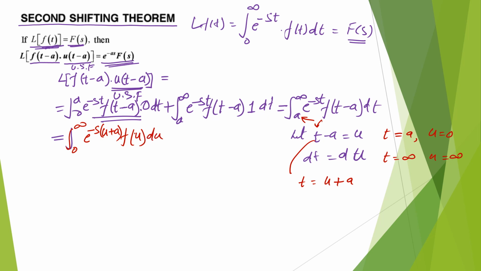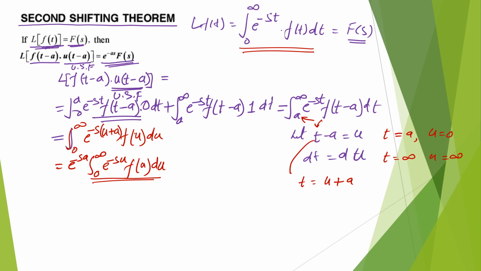Now because this is an integration with respect to u, we can take e to the power minus sa outside of the integration. So the integration limit 0 to infinity e to the power minus su, f of u du. So this is just the similar of the first principle of Laplace transformation.